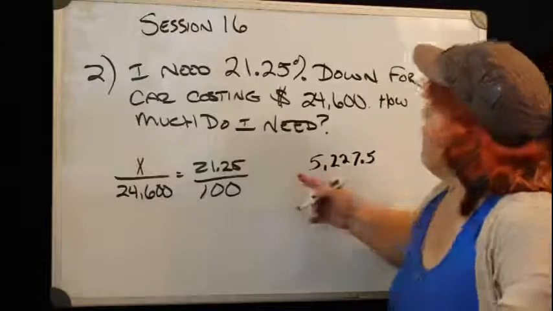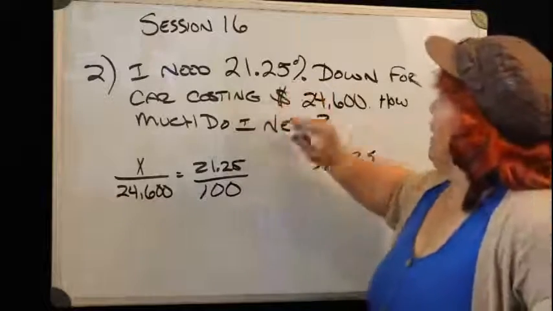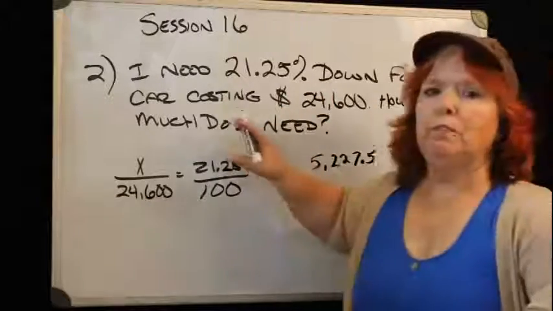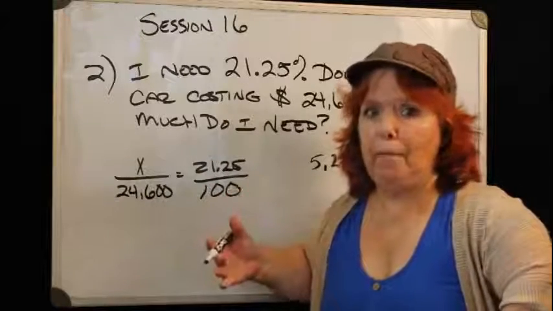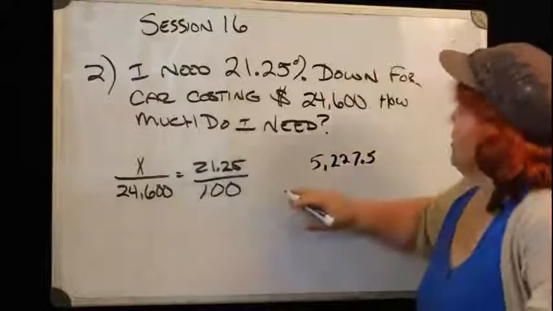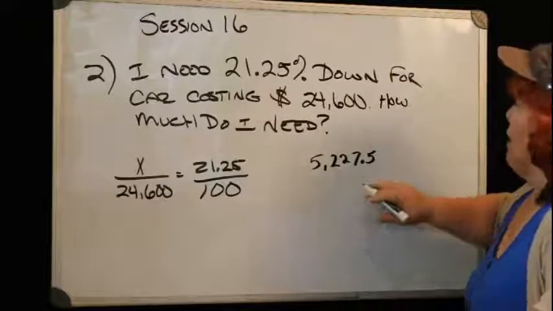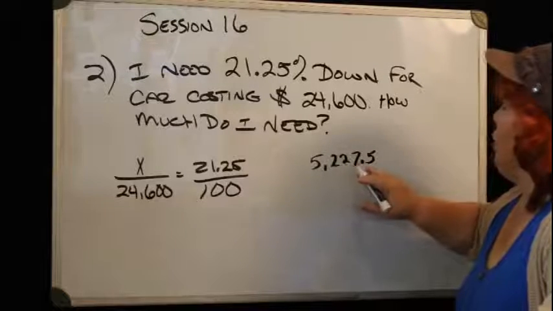5,227.5. Now, we need to round whenever we're dealing with money, because that's what we're dealing with here, right? Whenever we're dealing with money, you always round to the hundredth column. Hundredth with a TH. So this is what my calculator gave me: $5,227.5.